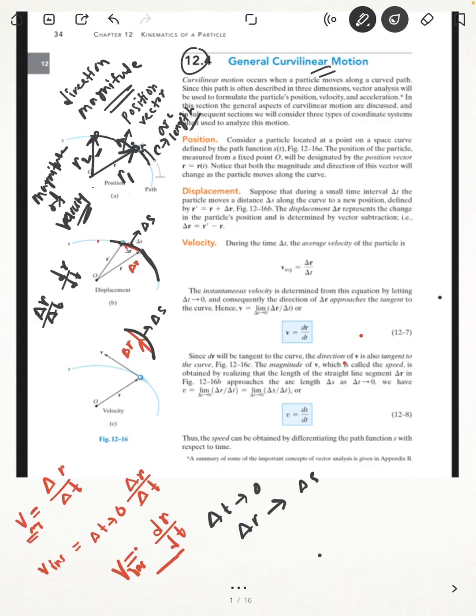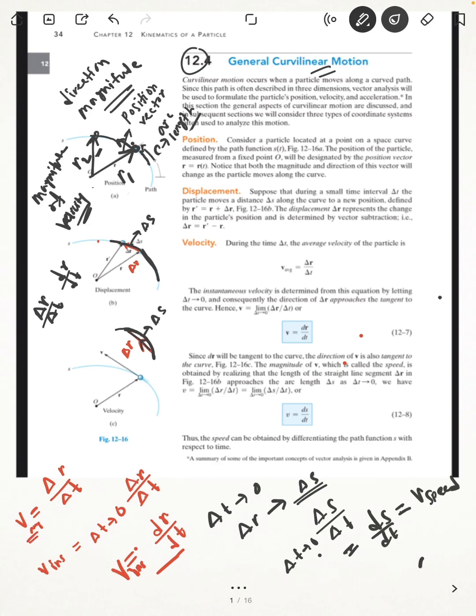So we can approximate that when the time interval is very small, the displacement vector approaches the arc length del s. Del s is a scalar. So I can write del s by del t, and if del t approaches 0, this can be written as ds by dt, which is basically the speed.